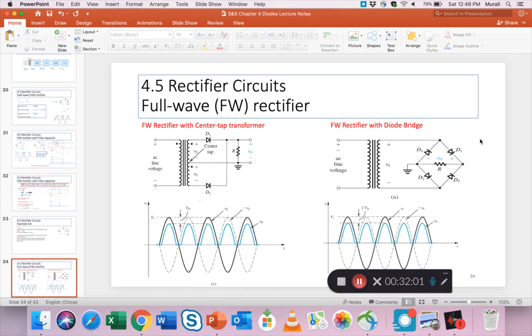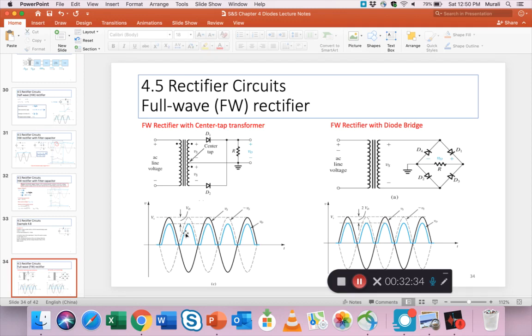Okay, so the two diodes work on one half each of the output of the transformer, and so they give you something like this blue output voltage, which you can see is conducting in both half cycles of the input AC waveform.